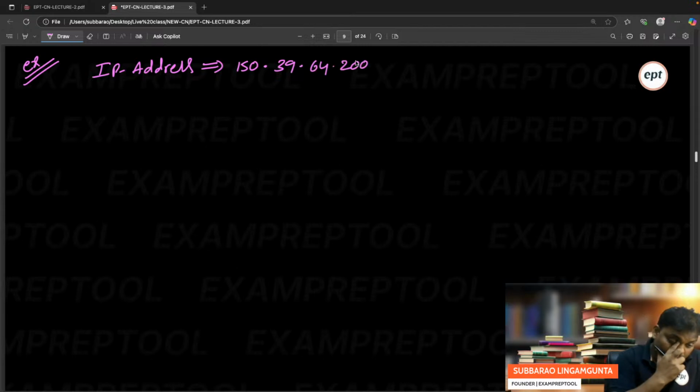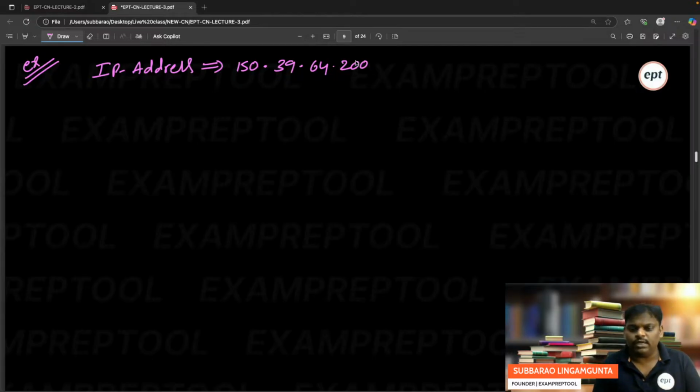It is the IP address. One IP address is given. Remember everyone, in the problem itself, they have given one IP address. Be careful.